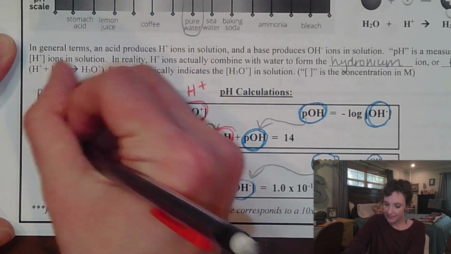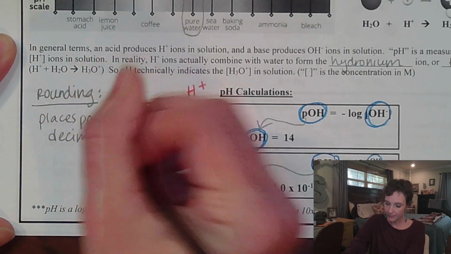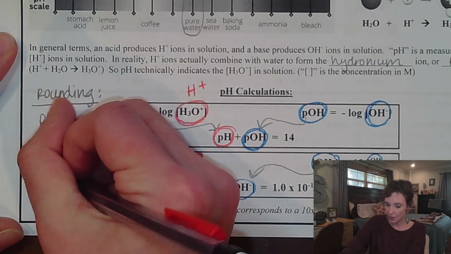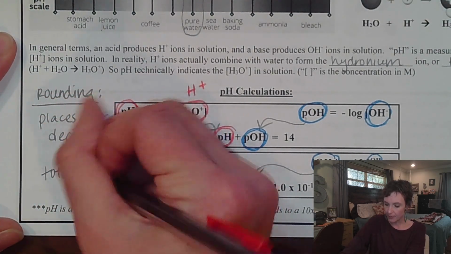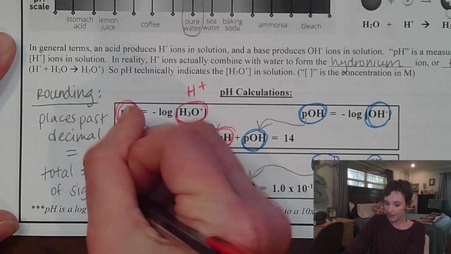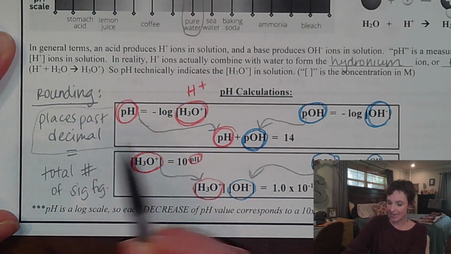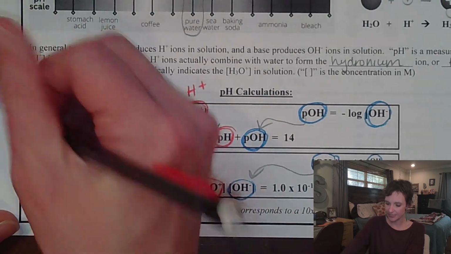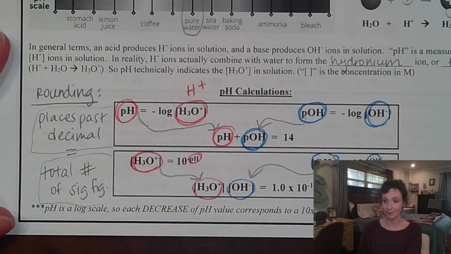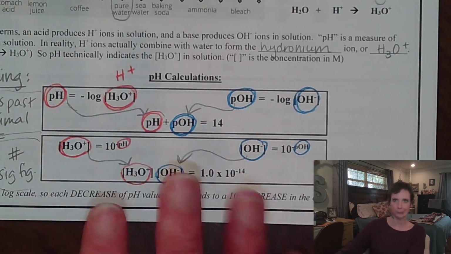So places past the decimal on my p-values are going to be equal to the total number of sig figs here.